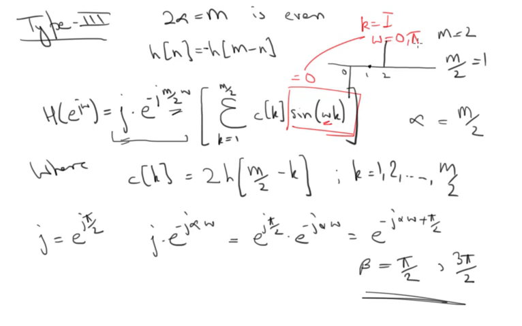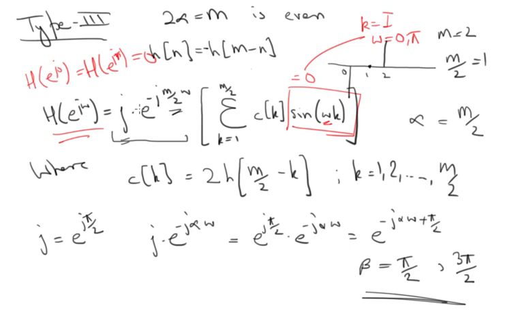Similarly, at omega equal to pi, no matter whether you have pi, 2 pi or 3 pi up to infinity, this sine pi k will always be 0. So you can say for this type 3 system, H of e raised to power j0 is equal to H of e raised to power j pi, equal to 0.